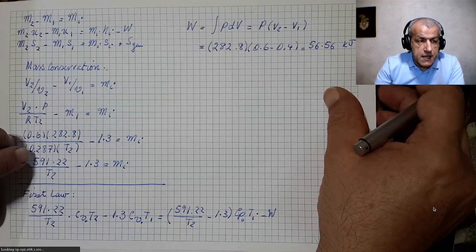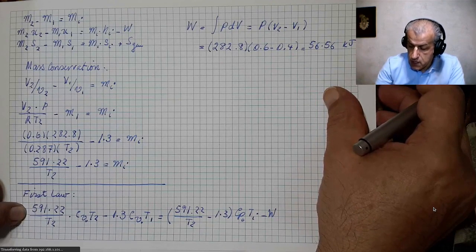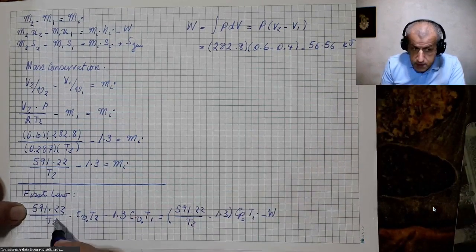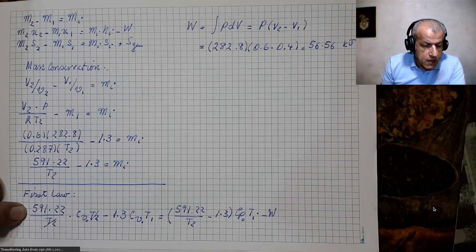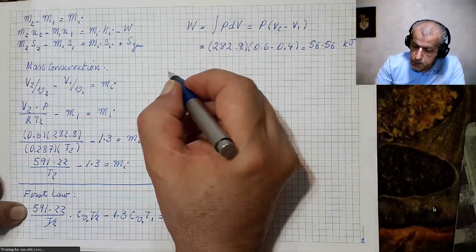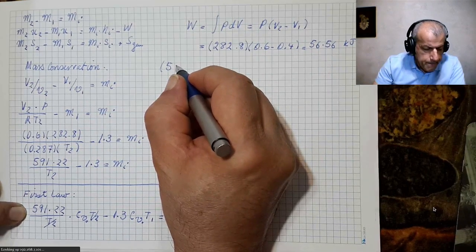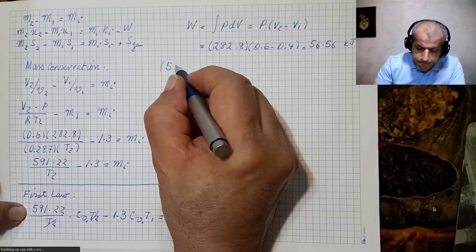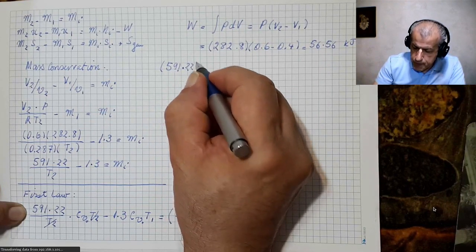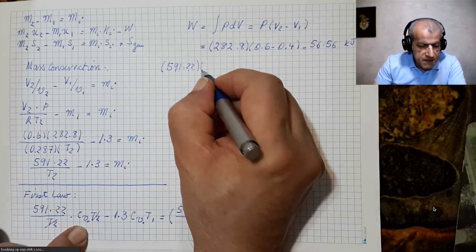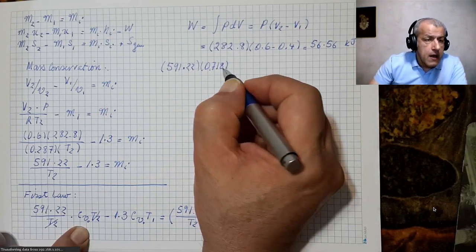Now let's put values into this equation, and a very simple point is that this T2 and this T2 cancel. We come to 591.22 times CV0, which is 0.7184 for air.